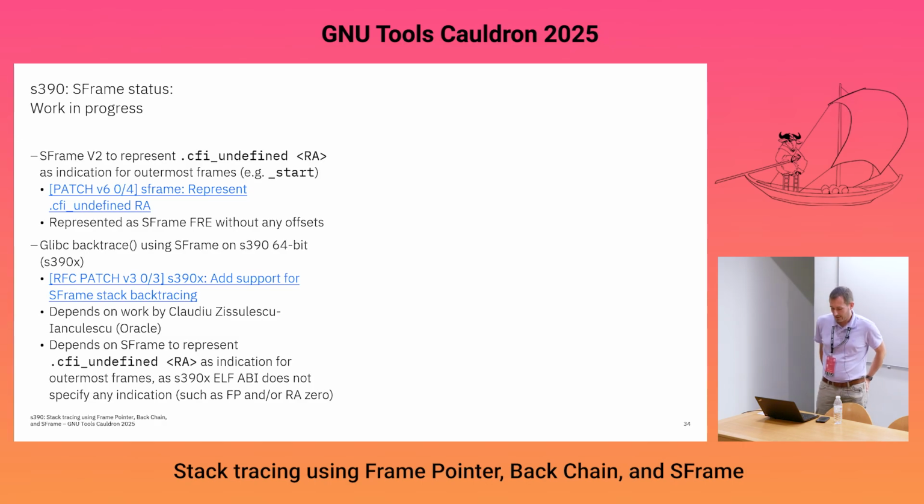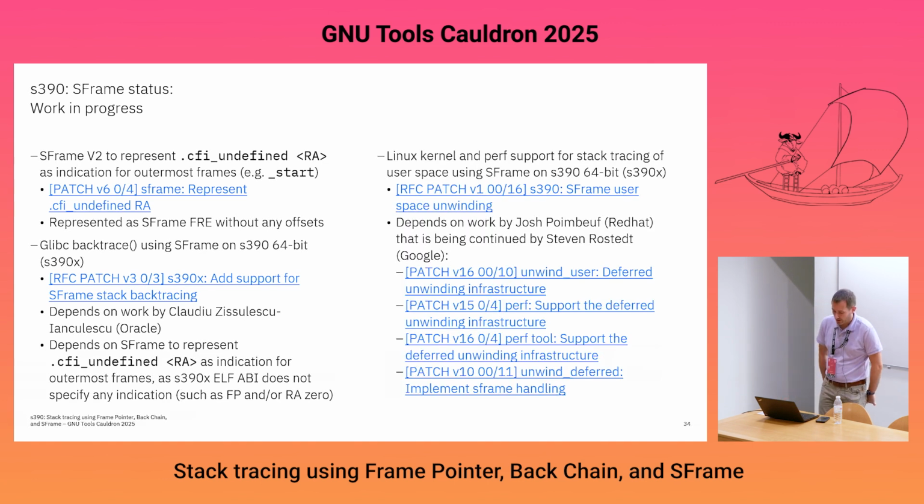For s390, this additionally depends on this SFrame feature to represent CFI undefined as indication for the outermost frame, as our ABI does not specify any indication for such an outermost frame. So we cannot rely, like on x86 and ARM, on things like the frame pointer or return address being 0. So we need this additional information.